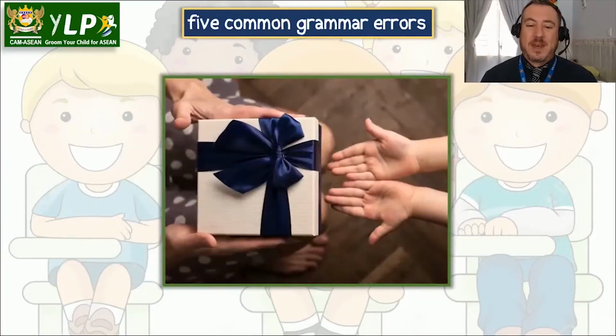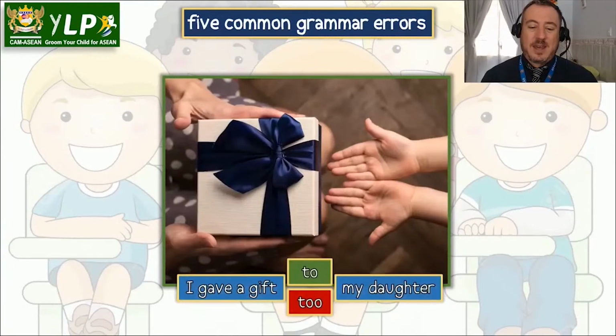Oh, this looks very, very jolly. I gave a gift to my daughter, or too my daughter. Is it the green to or is it the red too? Well, the red too means also or as well. I gave a gift as well to my daughter.